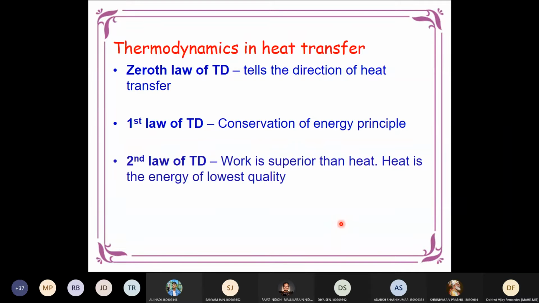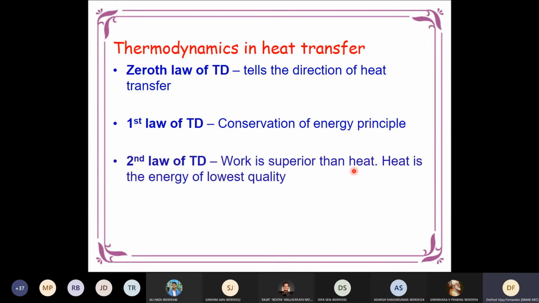And the second law tells the quality of energy. Heat is the lowest quality, and work is superior to heat. There are two statements, the Kelvin-Planck statement and the Clausius statement. Anyway, the second law tells you that work is superior energy to heat.